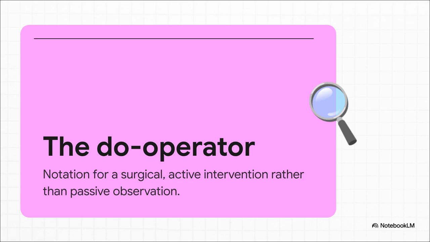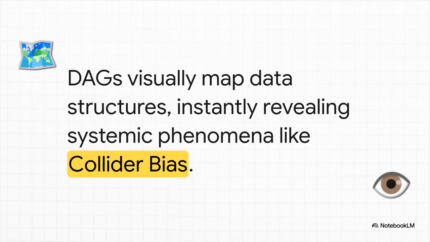You see, standard statistics relies on passive observation. We just condition on the data we happen to see. But the do operator mathematically severs incoming causal arrows to show exactly what happens when we step in and actively intervene. The second pillar, DAGs, are visual maps of this data-generating structure. They make all of our hidden assumptions perfectly visible.